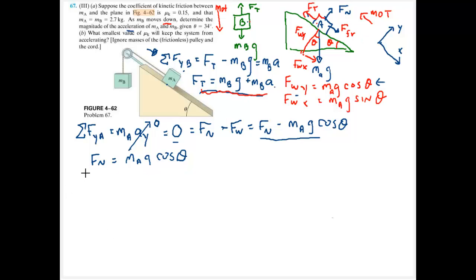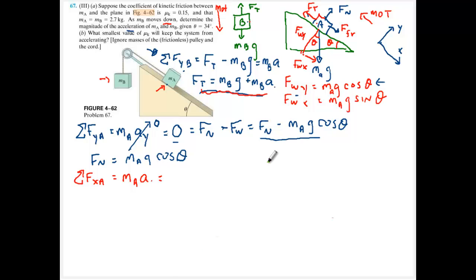So now let me write the sum of the forces in the x direction for box A. That's going to be equal to the mass of A multiplied by the acceleration of A. And again, the acceleration of A must be equal to the acceleration of B. These two are tied together, so I'm leaving off the subscript right there.